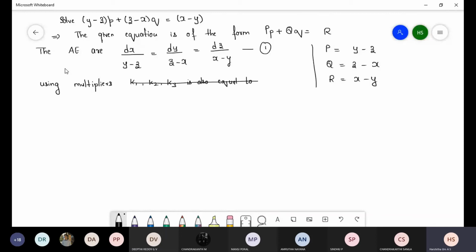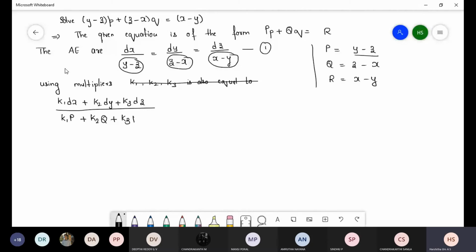Here we are to write in the form k1 into dx, k2 into dy plus k3 into dz divided by k1 into y minus z. Here I have written y minus z is p, z minus x is q, so k2 into q plus x minus y, that is equal to r.